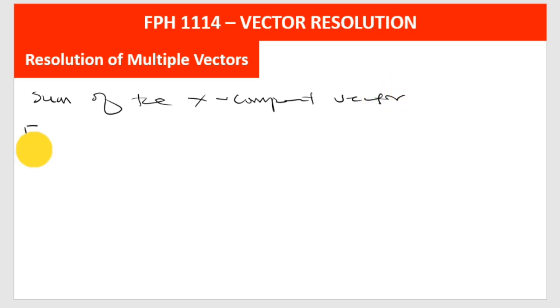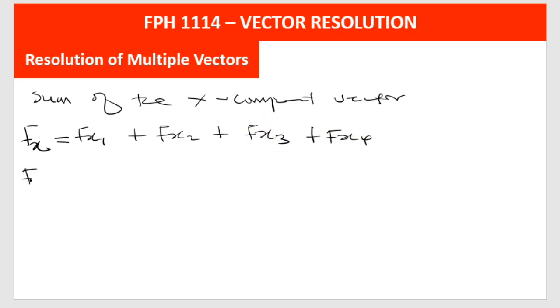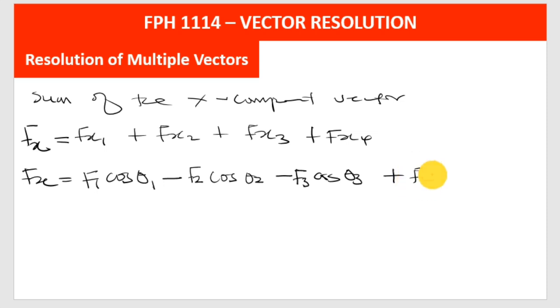We have fx is equal to fx1 plus fx2 plus fx3 plus fx4. So our fx is equal to, what is our fx1? fx1 is f1 cos theta 1. fx2 is minus f2 cos theta 2. fx3 is also minus f3 cos theta 3, and then plus f4 cos theta 4.